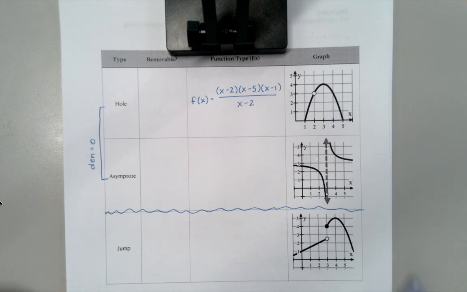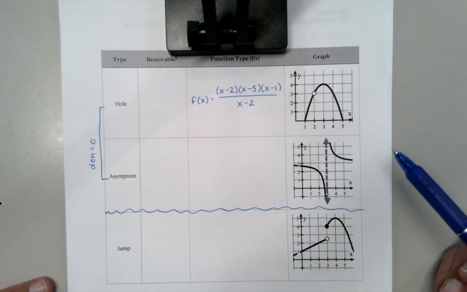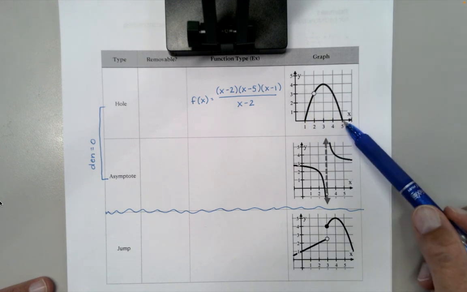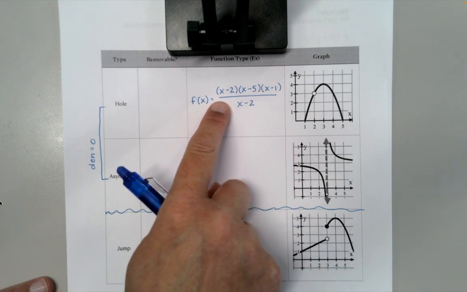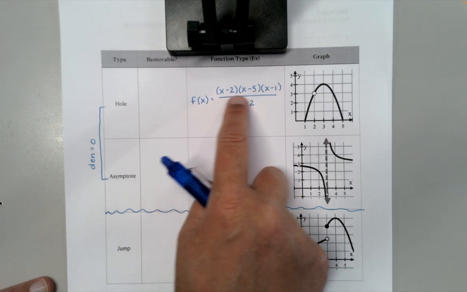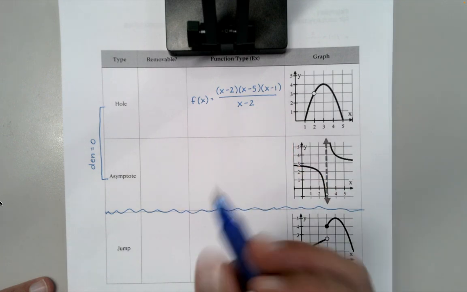That might make a graph that looks something like this. If you don't know how I came up with it, that's totally okay. I'm just trying to write an equation that matches what's going on with the graph. These are called rational functions, where you have a big ugly numerator, a big ugly denominator, and you have to figure out how to deal with it.